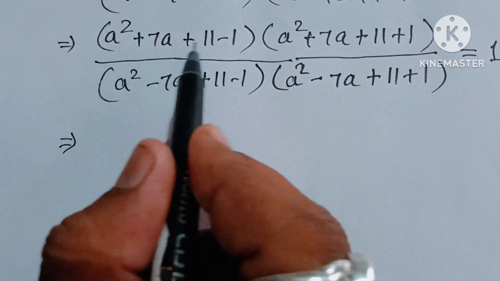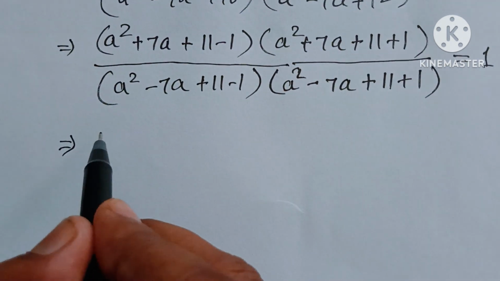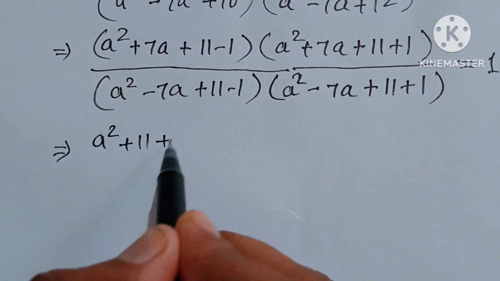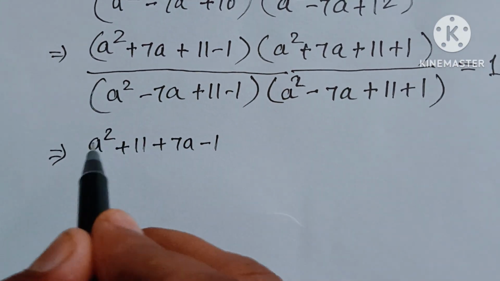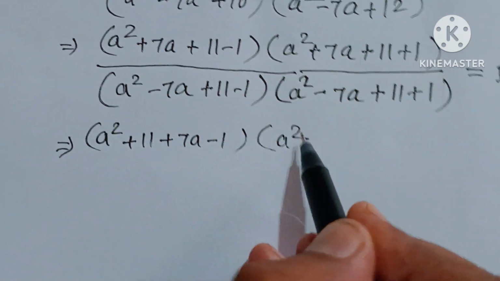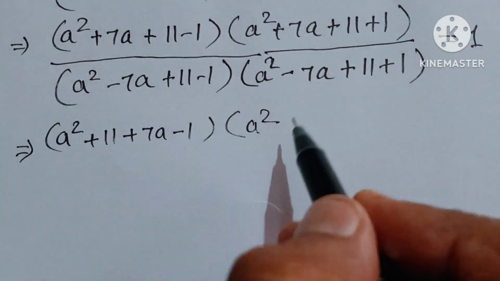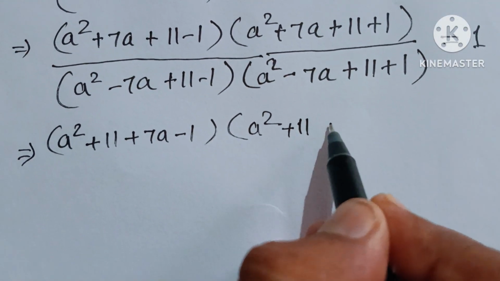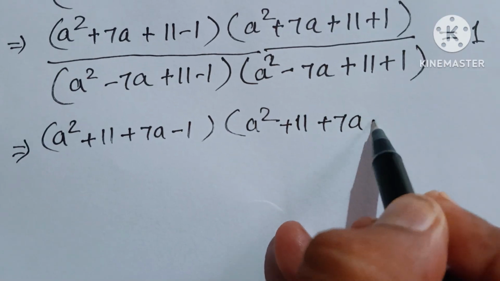After a square we have to write 11. We have to write here a square plus 11 plus 7a minus 1, like that. Here also we write a square plus 11 plus 7a plus 1.